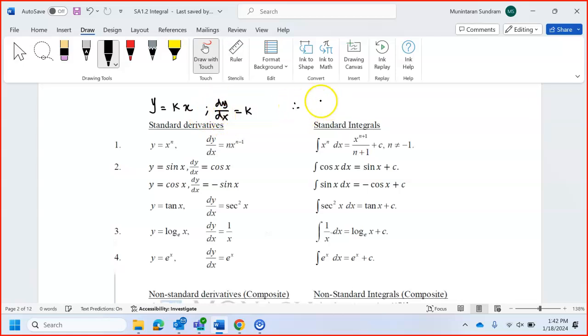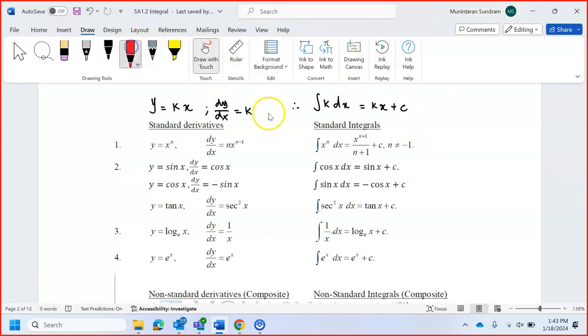Therefore, you would know that the integral of k, every time you have the symbol of integral, you must have the dx. So the variable here is x. If you are doing it with velocity, then it's dt because the variable is time. So that will give you kx plus c. Integral of a constant is kx plus c.